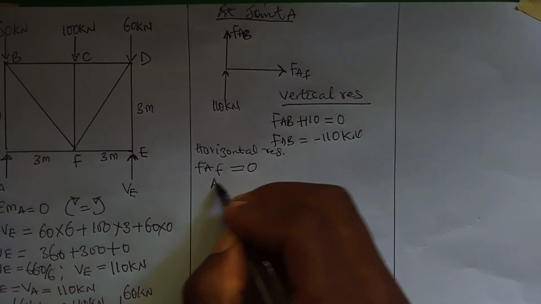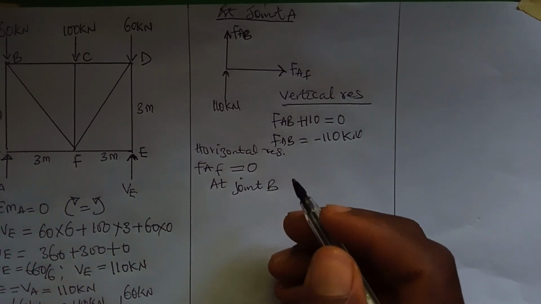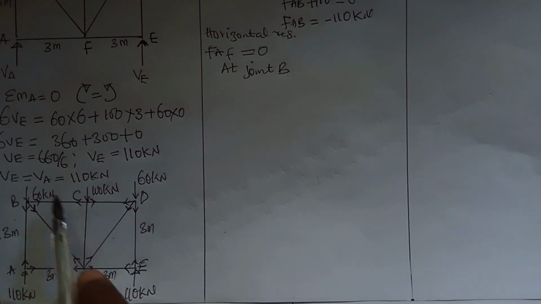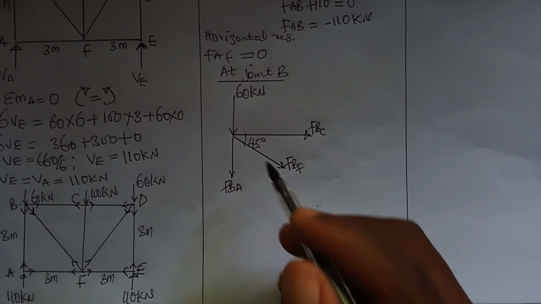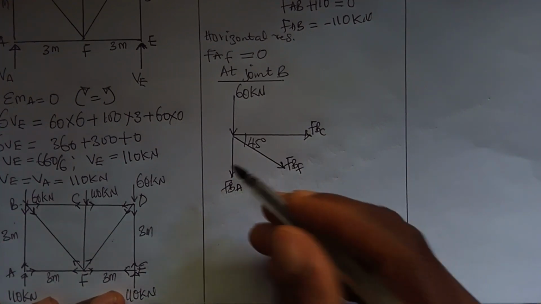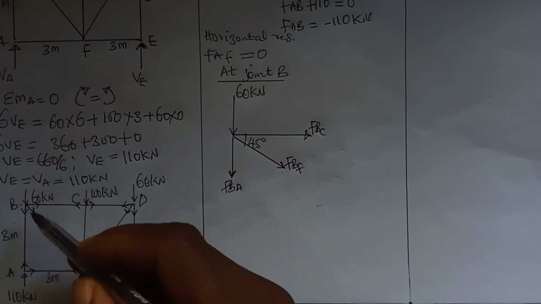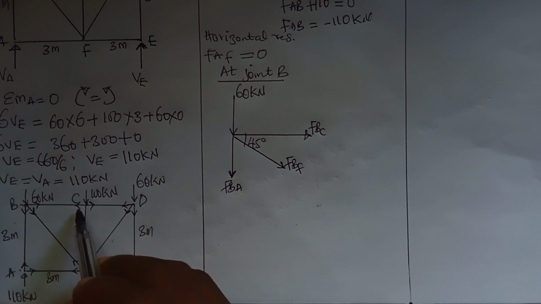Then the next joint is going to be joint B. So we're going to sketch whatever we see on this particular joint B. So this is what we have at joint B. All these forces are represented here. We have this BA, we have this BC, and so on and so forth.